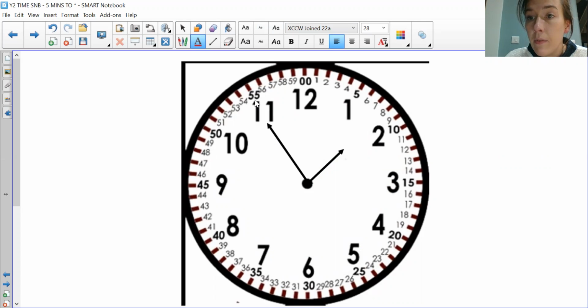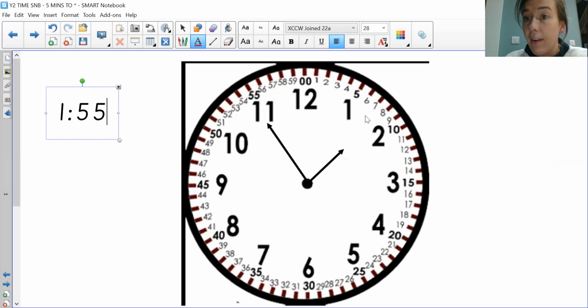On the digital times, everybody, the number's not going to show the next hour, but it's going to be the hour that it was pointing to previously to show that it's got minutes past that hour. So let's have a look together. So this time shown here, it's not quite on the 2 yet, so it's not going to be that one. It's going to be 1:55. It's almost like saying 1 o'clock and 55 minutes.